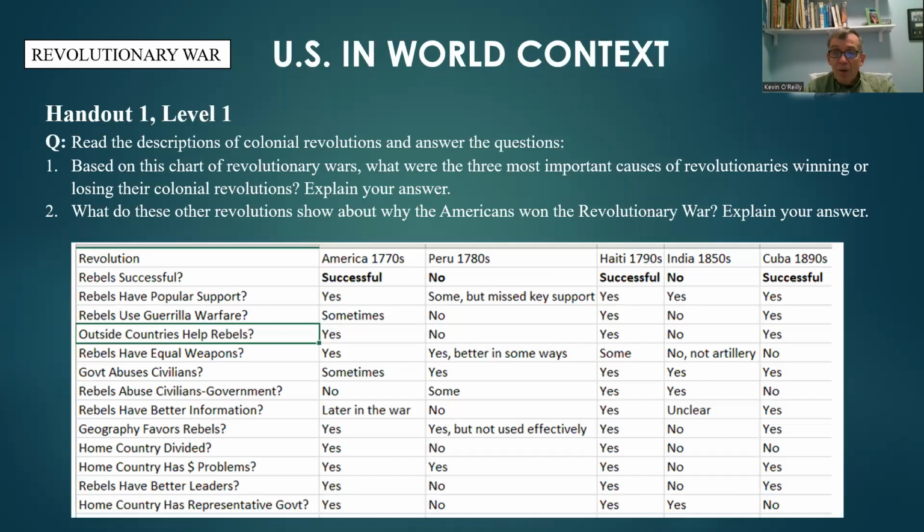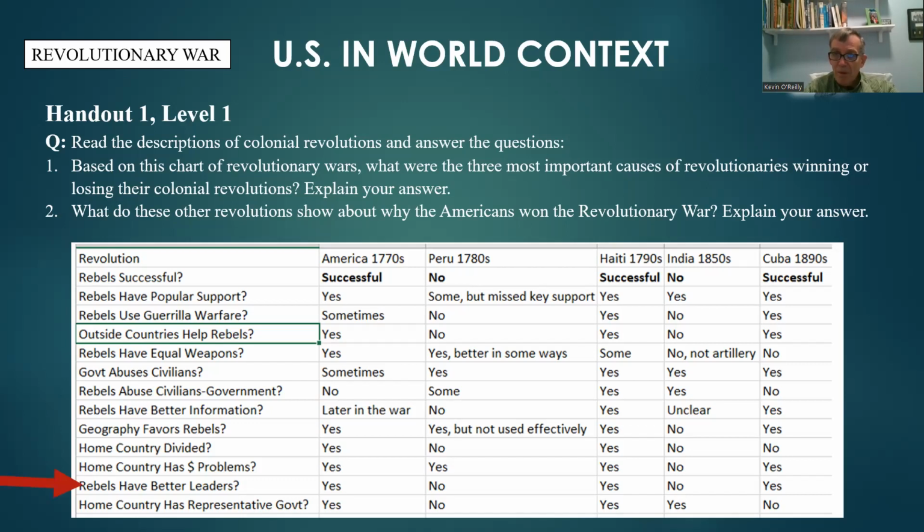This is another one on the Revolutionary War. Question one, based on this chart, what are the three most important causes for the colonists to be successful in colonial wars? And if you look down at where the red arrow is, rebels have better leaders.